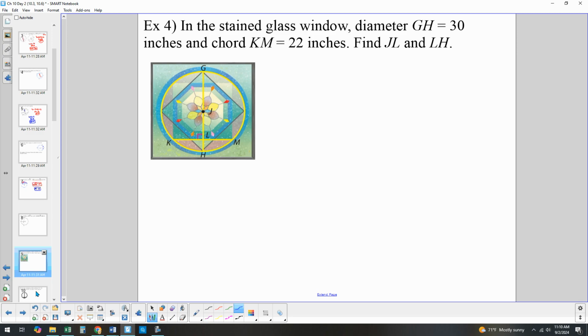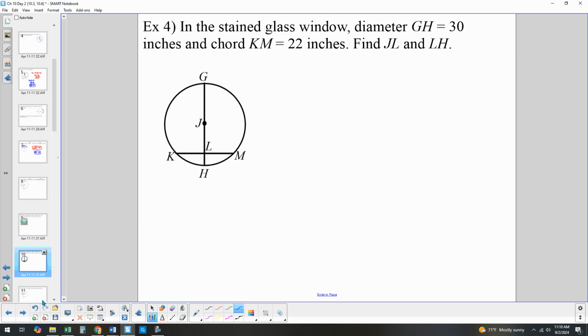Example 4. We have a stained glass window. The diameter GH is 30 inches, and the chord KM is 22 inches. We want to find both JL and LH. Those are two pieces of a radius, but they are not equal pieces of the radius. I'm going to look at this picture without all the stained glass in it. I am going to add the little right angle symbol because that was in the other picture.